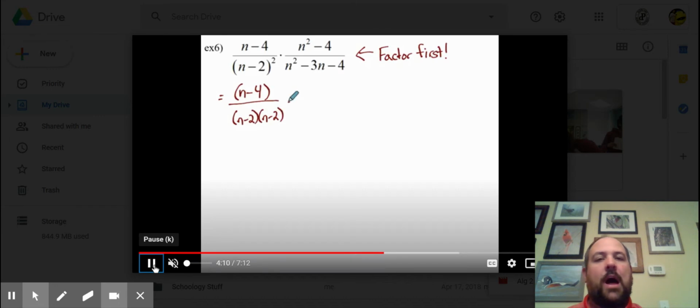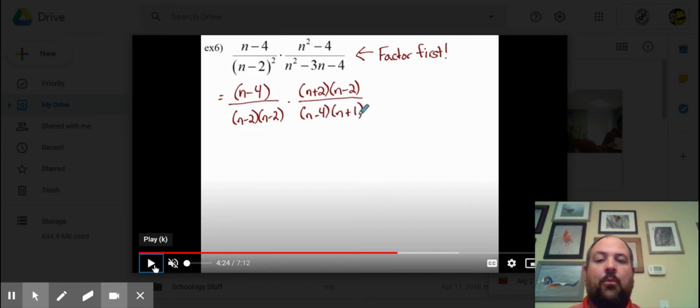You're going to see why as soon as I factor the second fraction. Because the n squared minus 4 is a difference of squares, that becomes (n plus 2) times (n minus 2) in the numerator. In the denominator, n squared minus 3n minus 4 is a quadratic trinomial, so we're going to reverse FOIL it into (n minus 4) times (n plus 1).